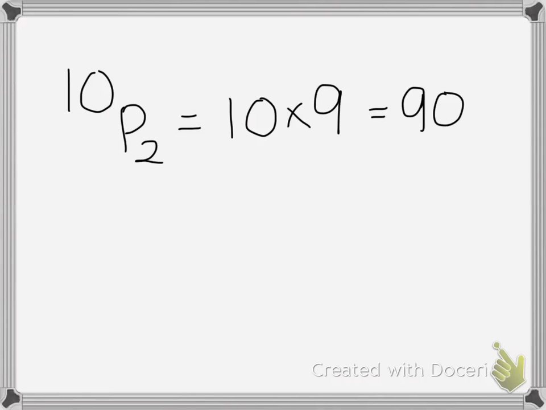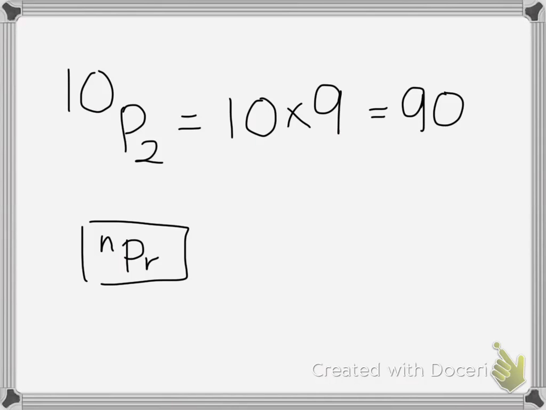Like I said, you can key it in the calculator. So for example, 10p2, how do you key this in? You key in 10, and then the button in the calculator is nPr. So it should be 10, then shift multiply, and then the number 2.